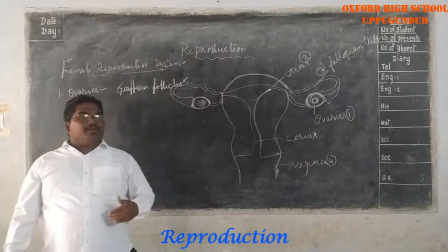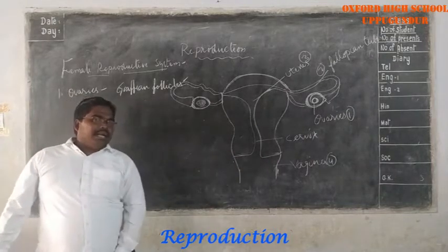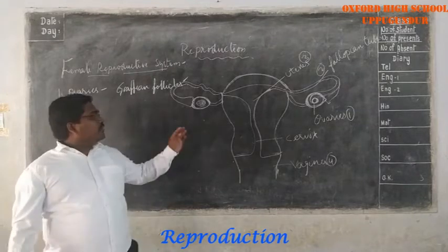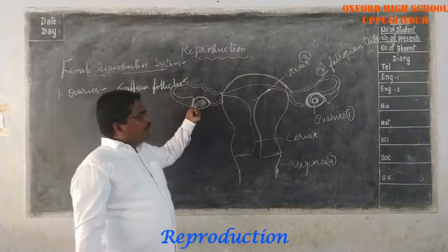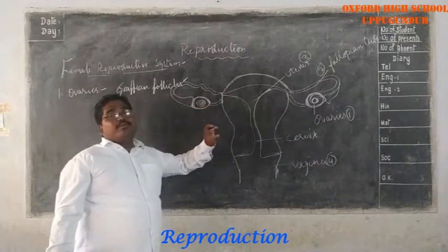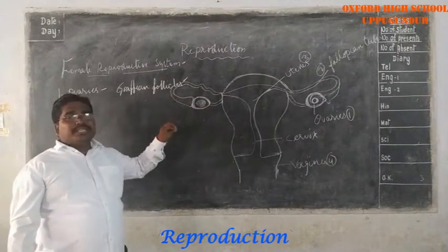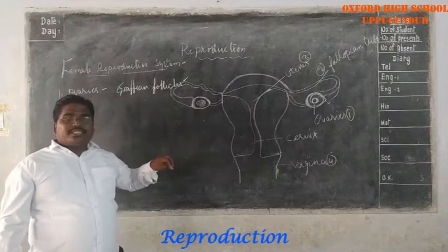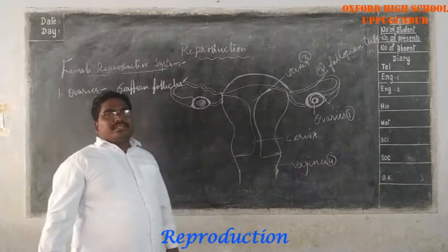We will discuss them later in the coming class. So, when a follicle grows, it develops a cavity filled with fluid, and the ova develop in it through meiosis.